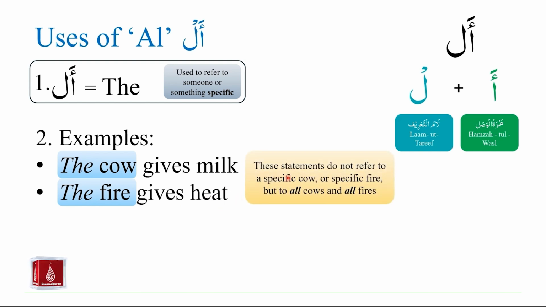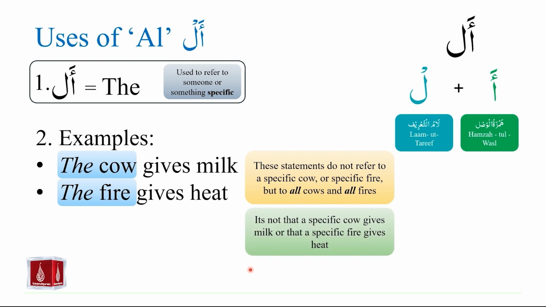So these statements do not refer to a specific cow or a specific fire, but to all cows and all fires. It is not that only one specific cow gives milk or that one specific fire gives heat. So when we say the cow, the here implies all cows.